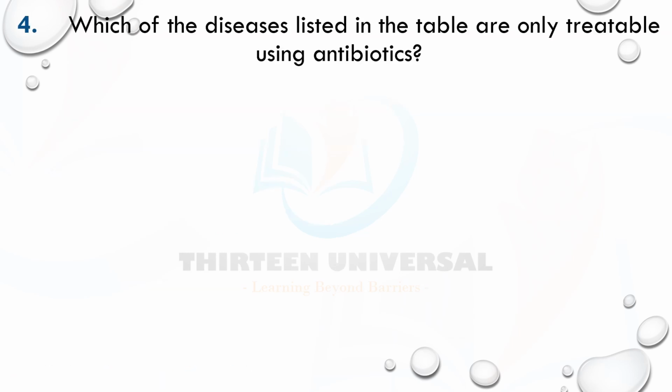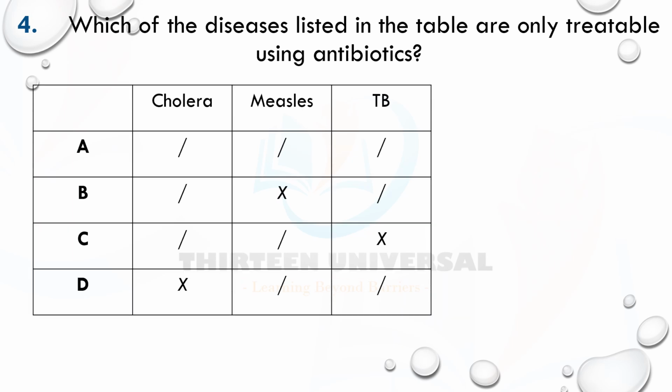The next question: which of the diseases listed in the table are only treatable using antibiotics? Now, the ones that are treatable using antibiotics are the ones caused by bacteria. Measles is caused by a virus. Cholera is caused by the bacterium Vibrio cholerae, so it is treated using antibiotics.